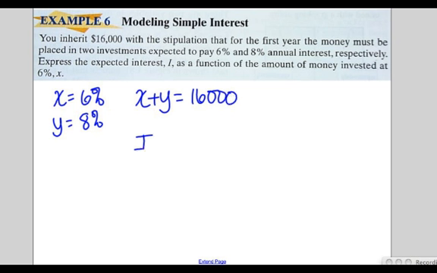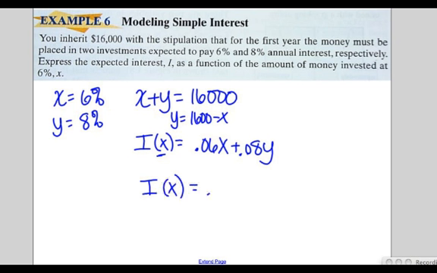Now, my interest is going to be 6%, 0.06 times the money put in x, and add that to 8% times the money put in y. I only want this in terms of x, so I need to get rid of the y. Now if I go up here and solve for y, y is 1,600 minus x.